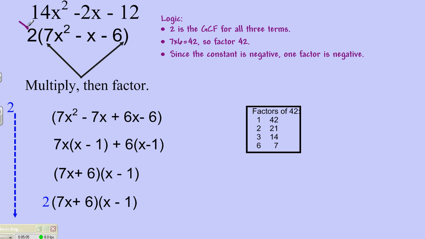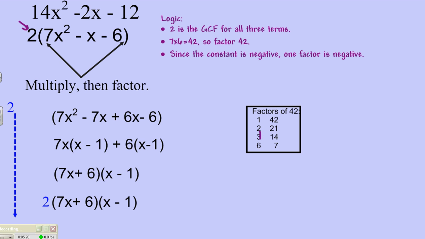On this particular trinomial, 2 is the greatest common factor, so I would factor out the 2 first, and then I'm left with this simpler trinomial. Since my leading coefficient is not 1, it's 7, I have to take the product of 7 and 6, and 6 is negative, so it's going to be a negative product. That means one of these factors has to be negative.